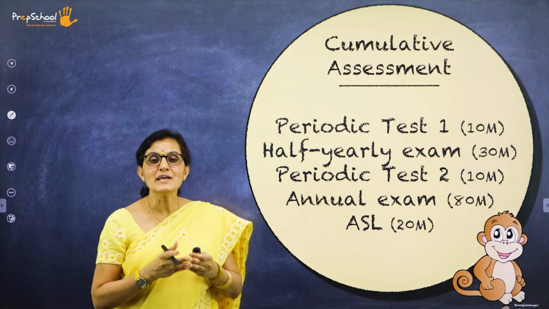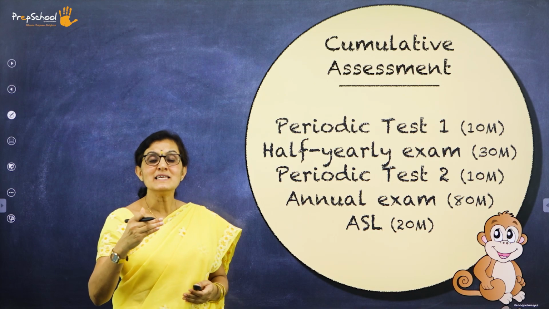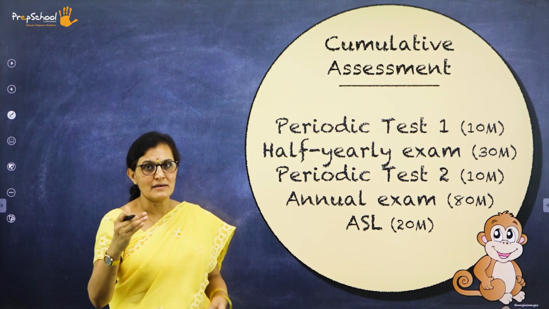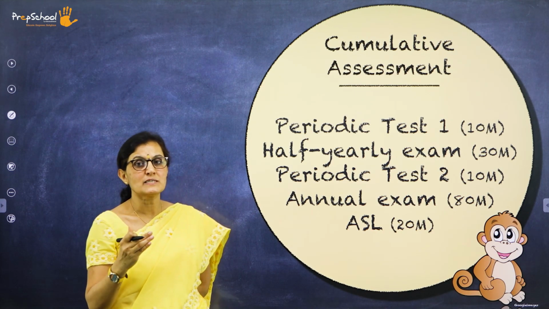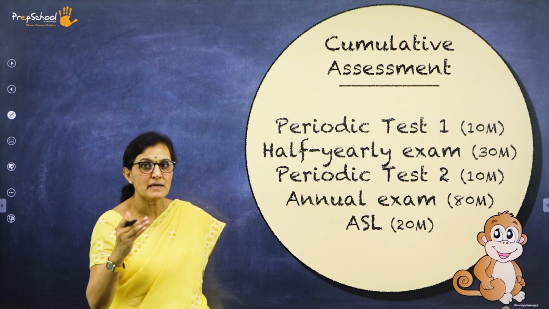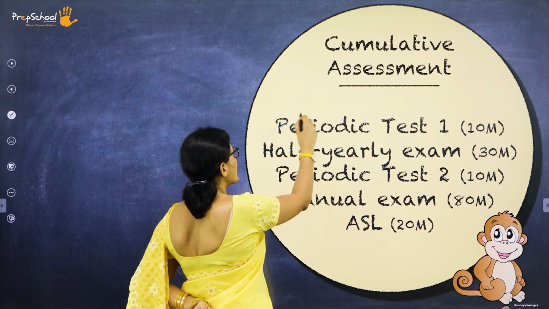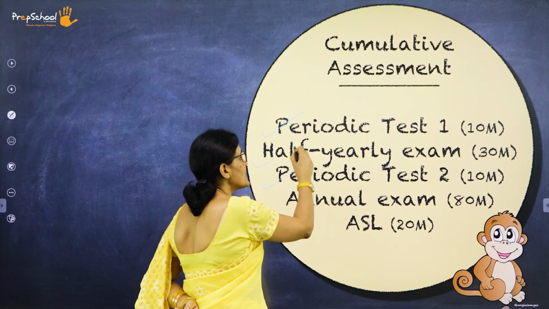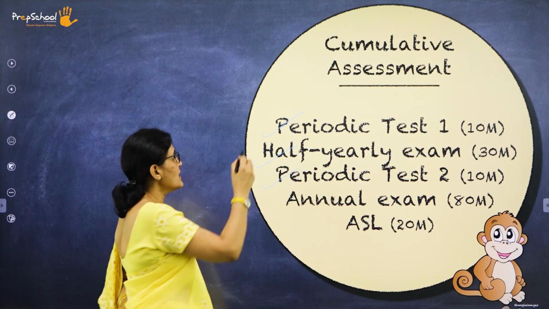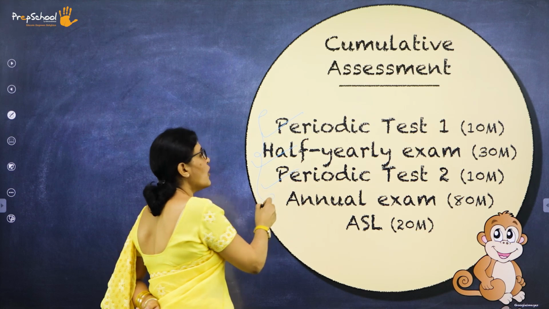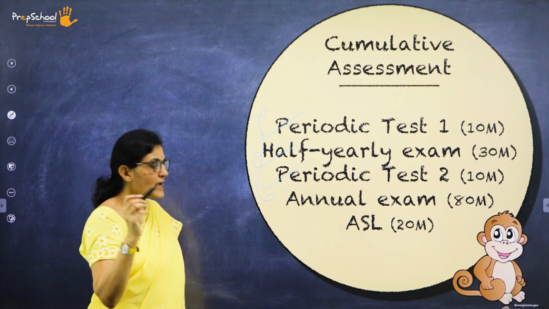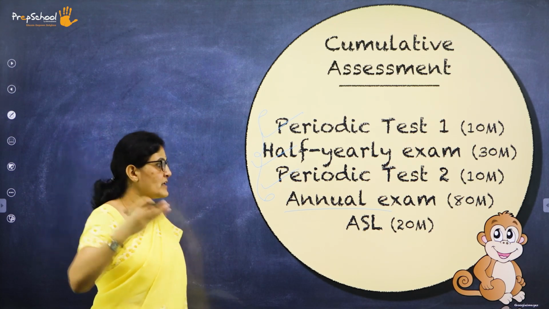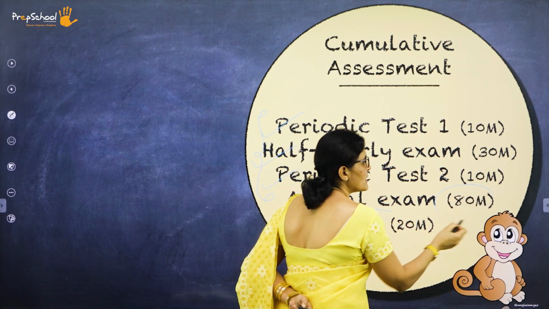Dear children, when I talk about tests and exams, it's a methodology which you implement to learn. So what are the kinds of assessments you are going to take during your academic year? You will have 2 periodic tests for 10 marks and you will write a half-yearly examination. Now, these are a mode of preparing you to write your annual examination which will come at the end of the year and it is for 80 marks.